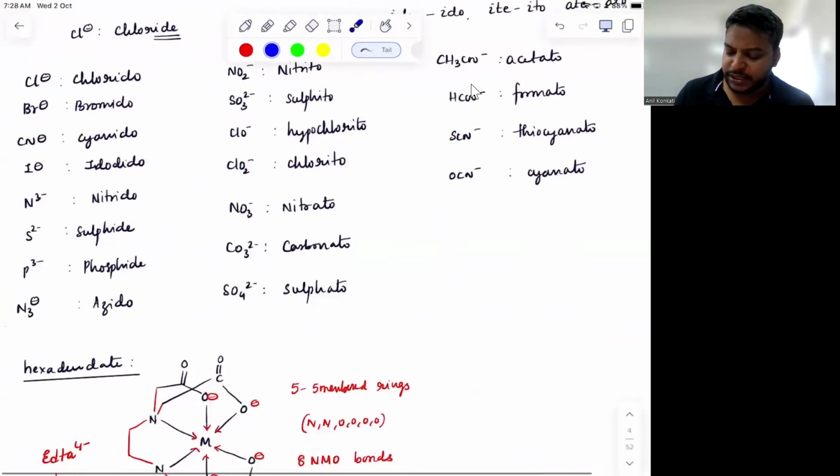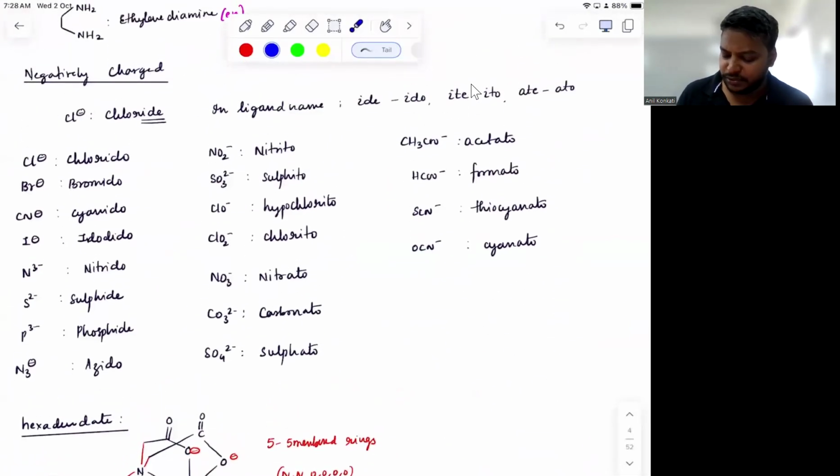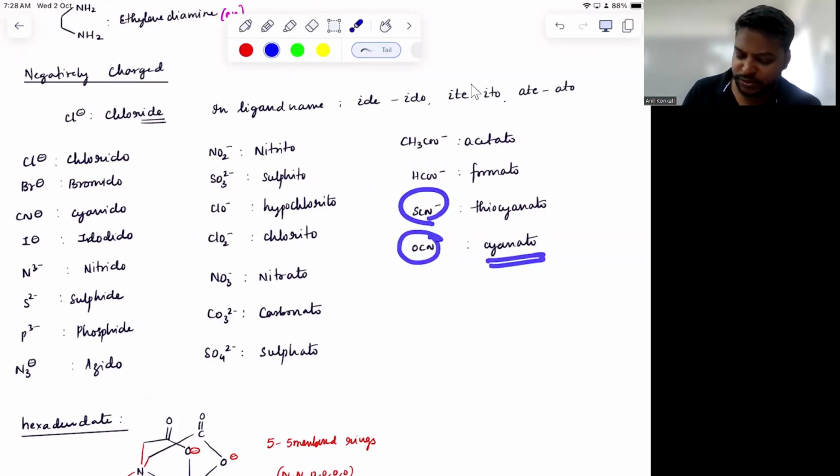Now, within negatively charged ligands, we have a lot of them. You could notice that we have N3-, which we call azido, ClO2-, which we call chlorito, correct? HCO2- formato, OCN- cyanato, SCN- thiocyanato, and so on. Okay, these are all various names, as is clear.